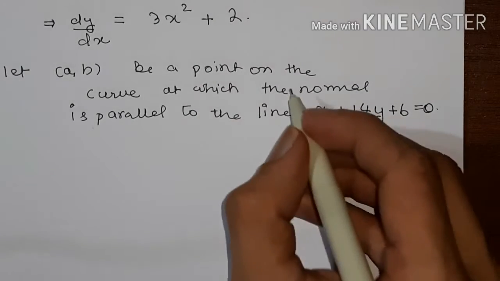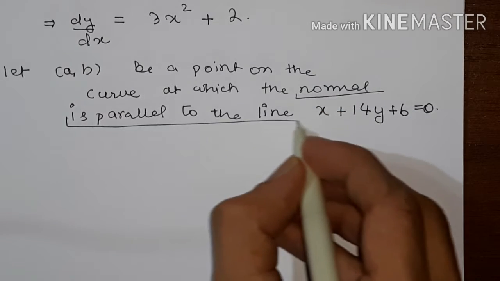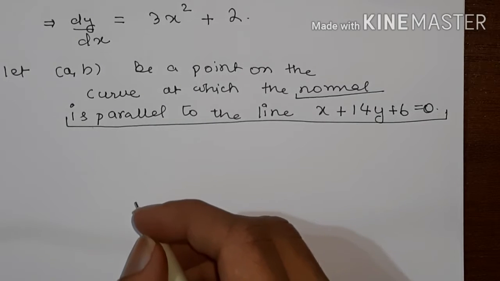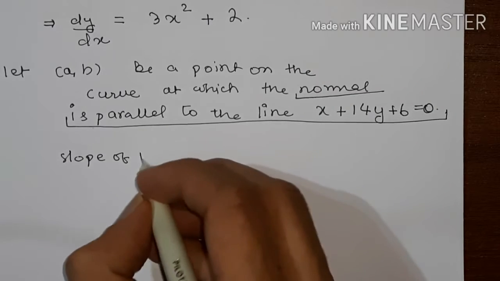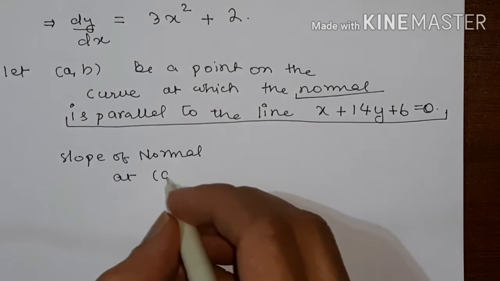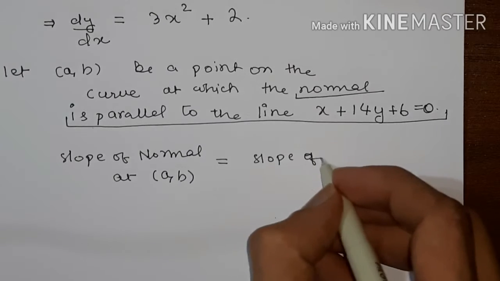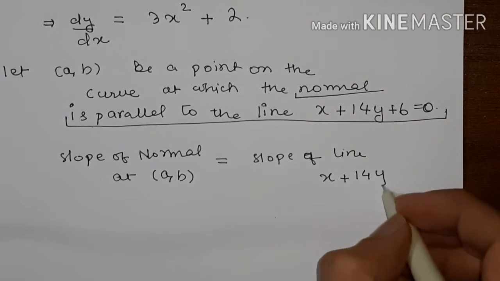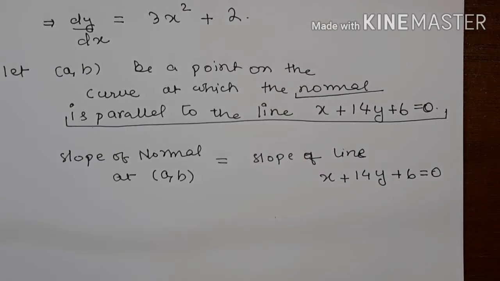So look at the condition carefully. The normal is parallel to the line x plus 14y plus 6. What is the meaning of this? That means the slope of the normal at this point a comma b is equal to the slope of the line x plus 14y plus 6 equal to 0, right?